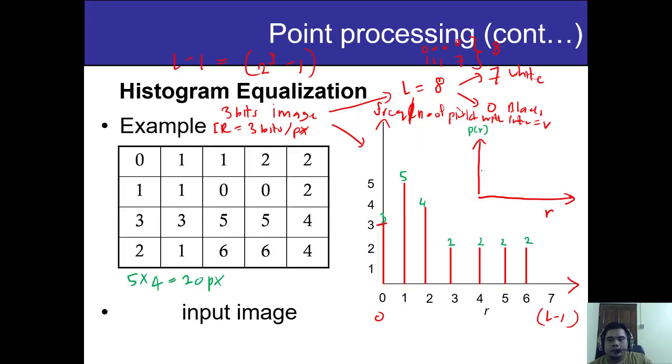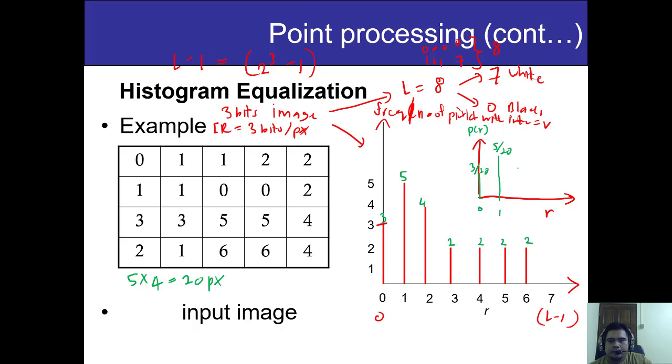So the probability distribution function, when R equals 0, is 3 divided by 20. And then if you have 1, actually it is 5 divided by 20.